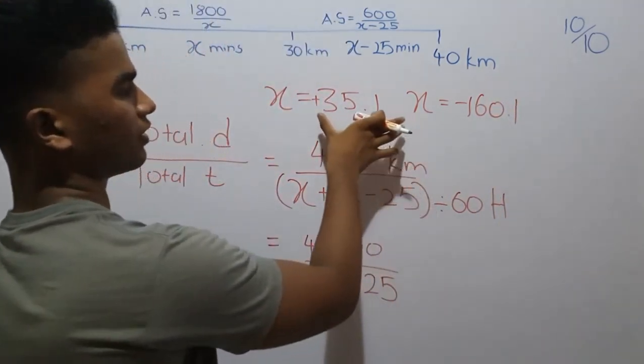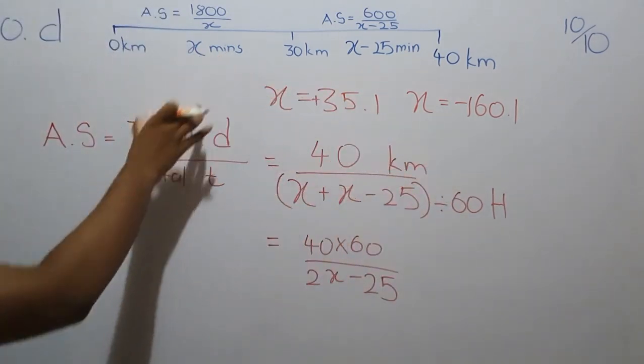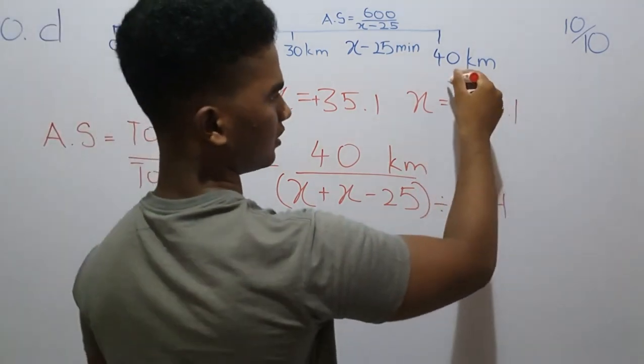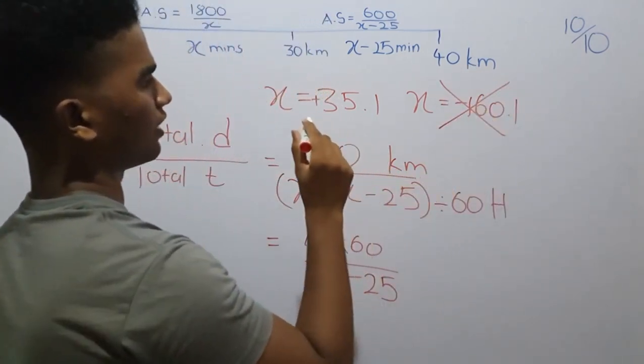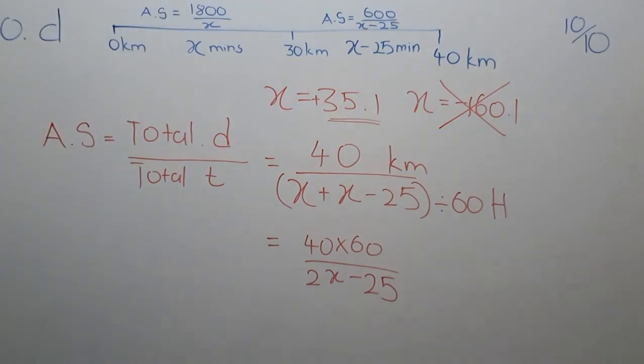Now the two values we calculated is the time. So time can't be negative, right? Time should always be positive. So this minus 160 should be removed. So the actual answer is 35.1.